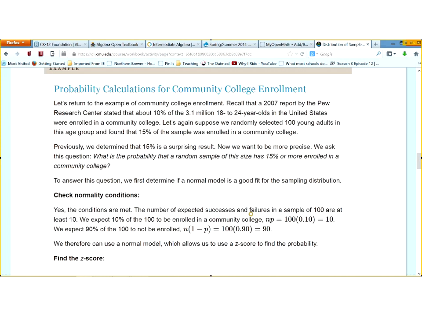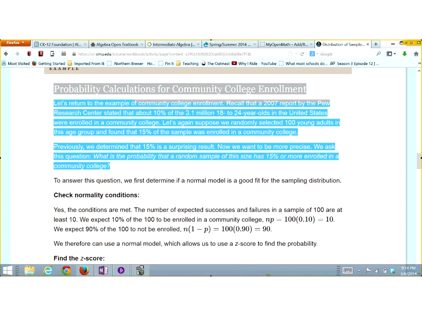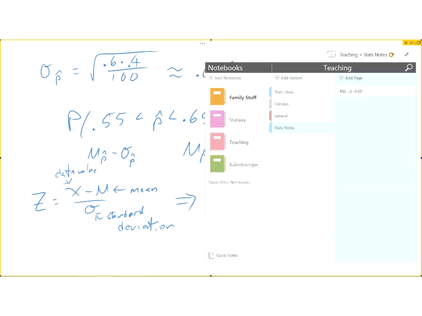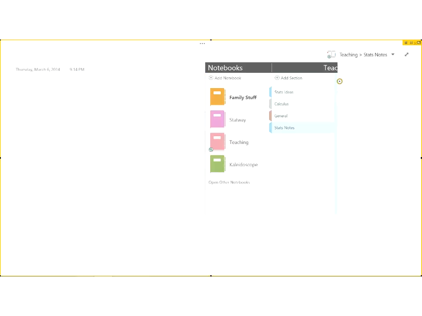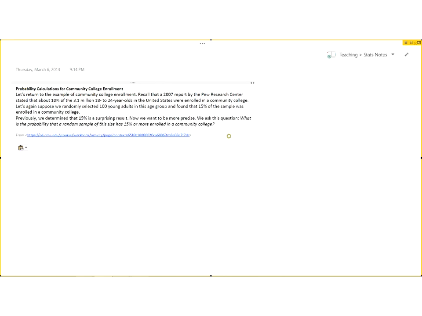All right. So it says, let's return to the example of the community college enrollment. In fact, you know what I'm going to do? Let's see if it'll let me copy and paste this. I think I might have tried this before. But we'll try it again. Well, that's not bad, actually.